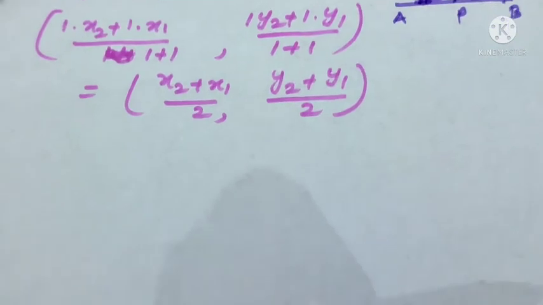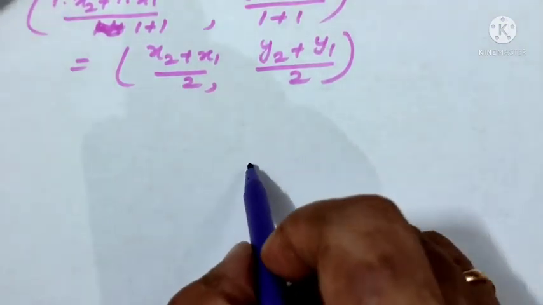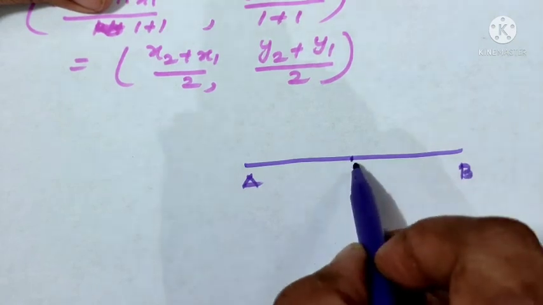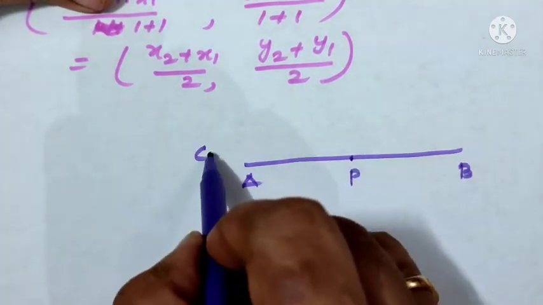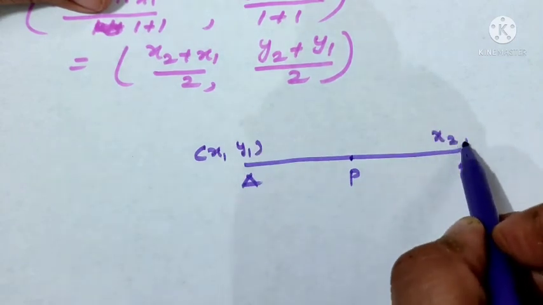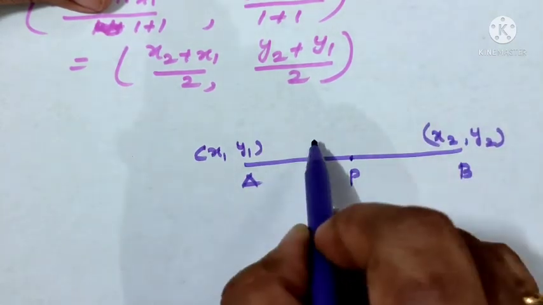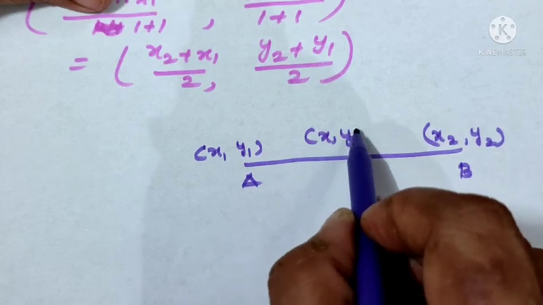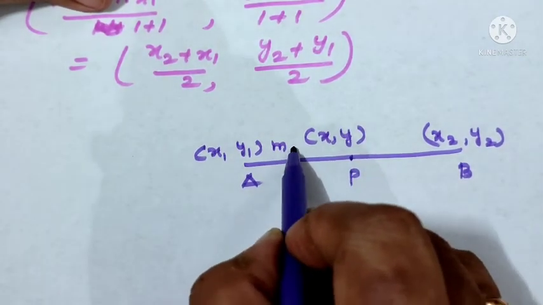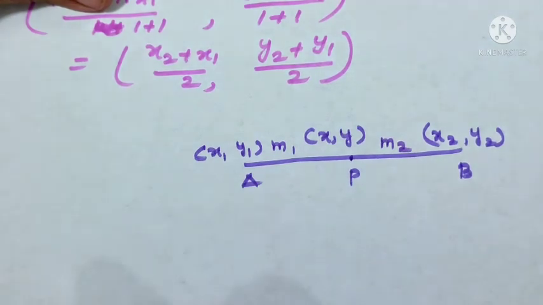So once again, I'll show the formula. What is the formula? A and B, the point is P. A is the point x1 y1, B is x2 y2. What is P? x comma y. Right, the first case what we have taken, m1 m2 are the ratios.